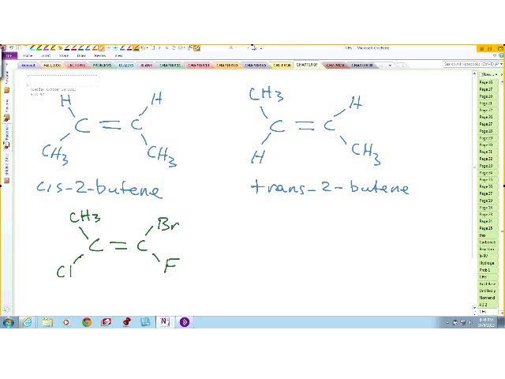Supposing we have this here, can we make this a cis-trans isomer?